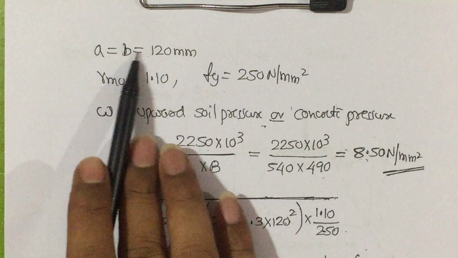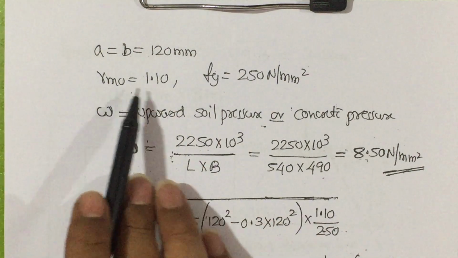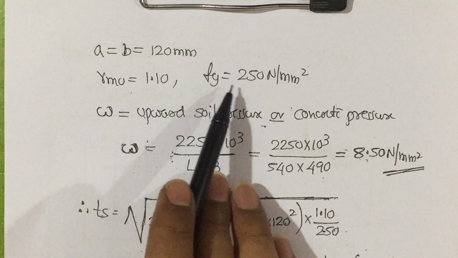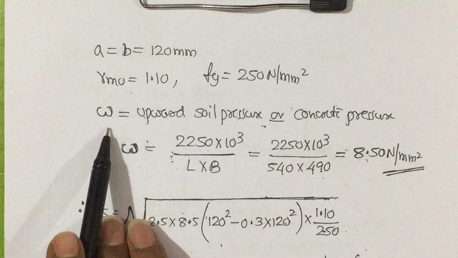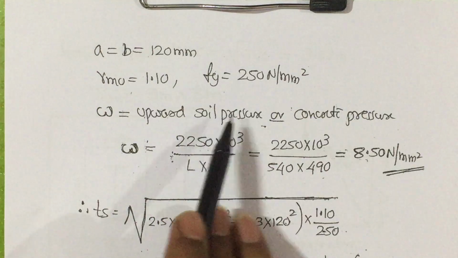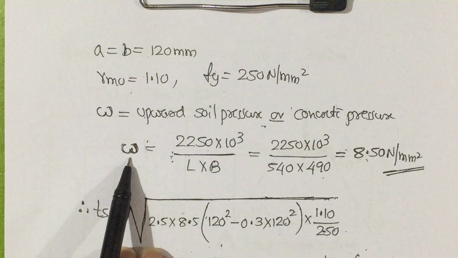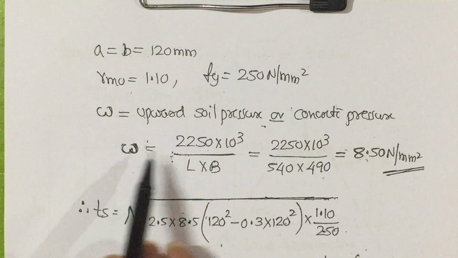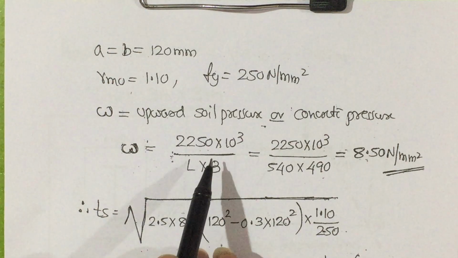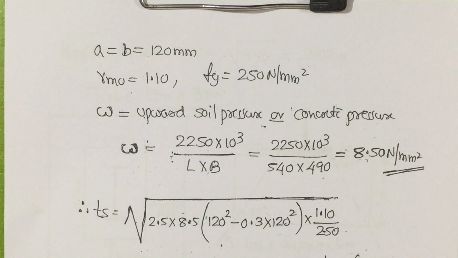Here we got A is equal to B is equal to 120 mm, gamma m naught is constant 1.1, fi also constant 250. Then W is nothing but the upward soil pressure, or we can also call that the concrete pressure. That is given by load divided by area.